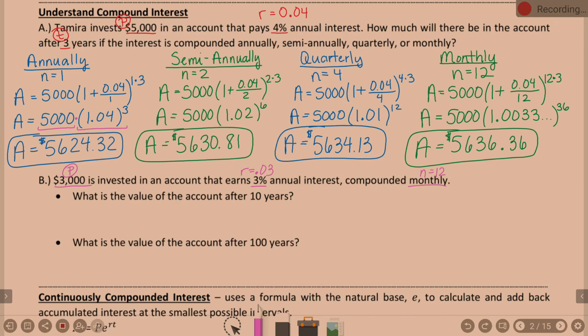On the first part, what is the value of the account after 10 years? Then that tells me that T is 10, right? Okay, fill in your equation.